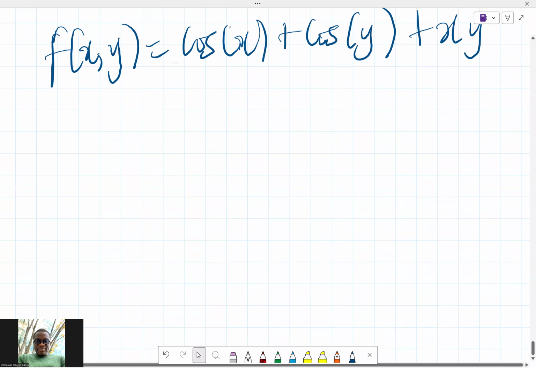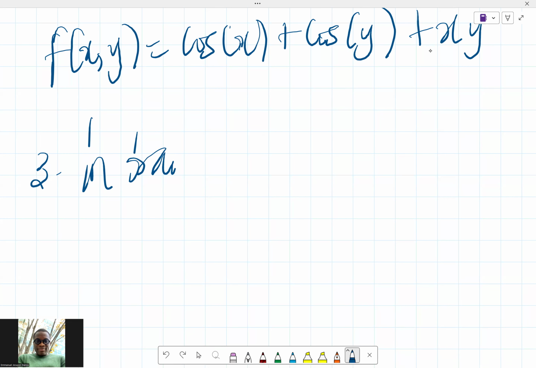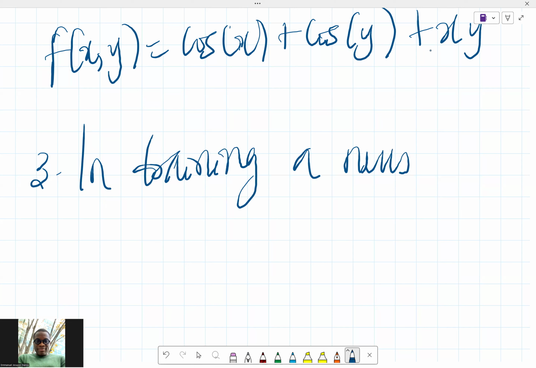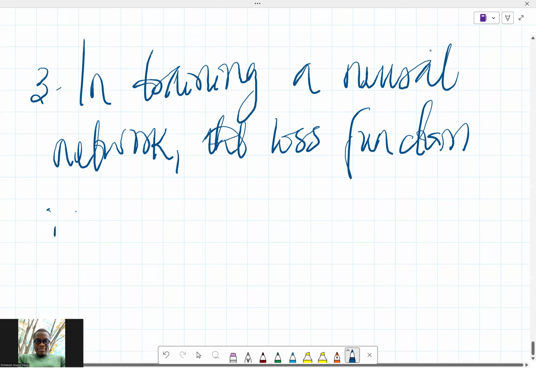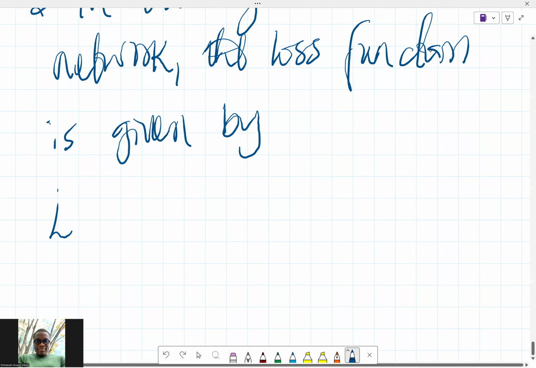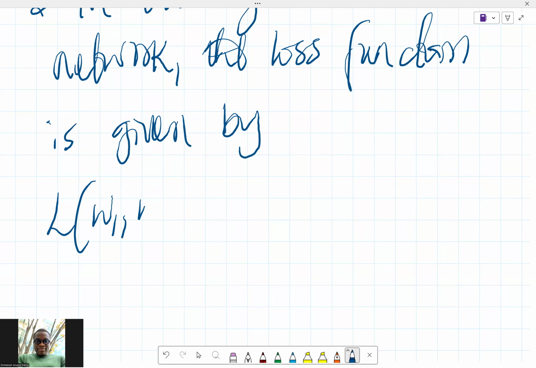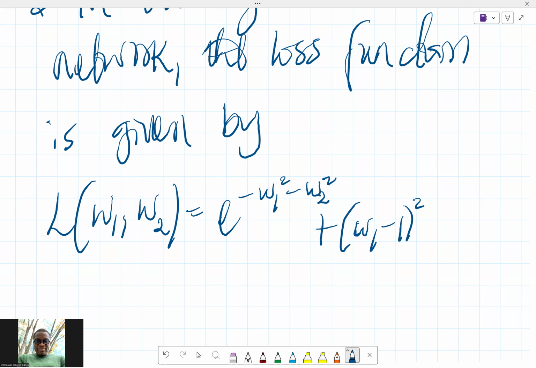I think I found one that I find difficult to resist, something in machine learning. In training a neural network, the loss function is given by L of W1 comma W2, which is equal to e raised to minus W1 squared minus W2 squared plus W1 minus 1 squared plus W2 plus 2 squared.